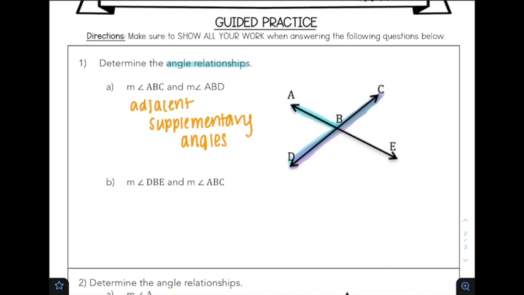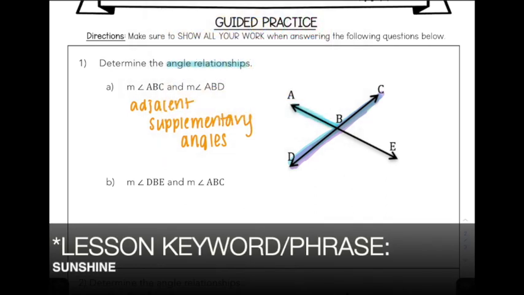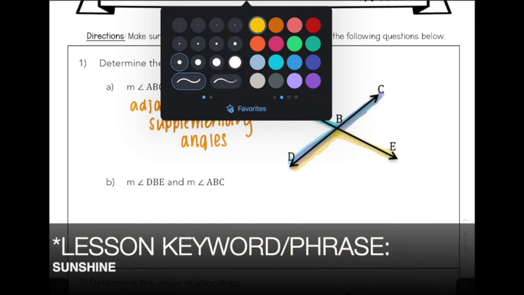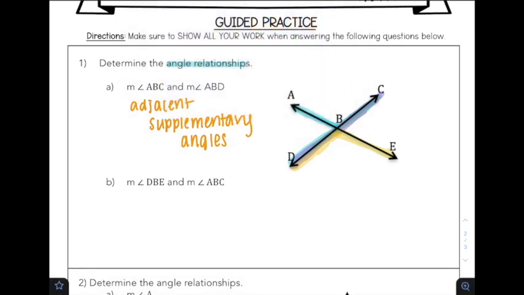For the angle measure of DBE, and then we have ABC. Okay, so let's try this. These two, if you look, they're kind of creating this X, so they look diagonal from each other, so they're going to be vertical angles.